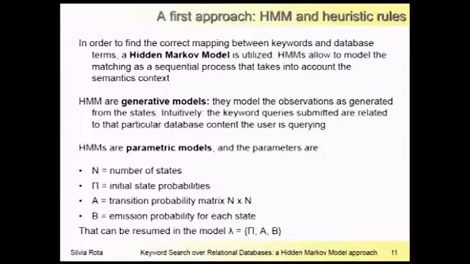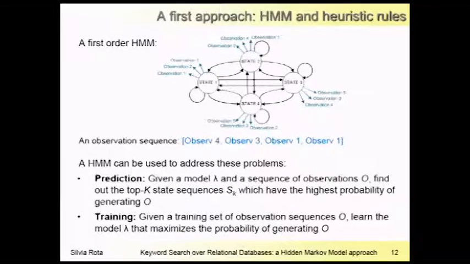So here is a brief description of Markov models. They are generative, so they are composed of observations and states. The observations are believed to be generated by the states, and they are parametric models. They have many parameters, here summarized. And this is a graph of an ideal Markov model.